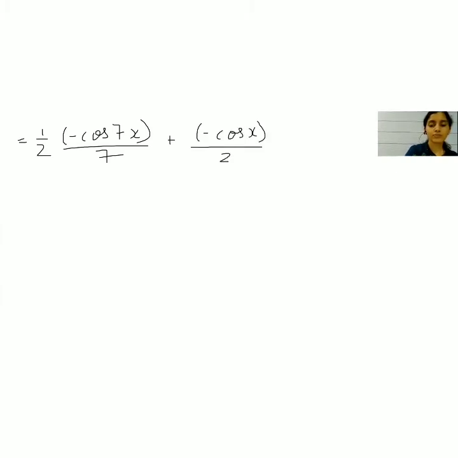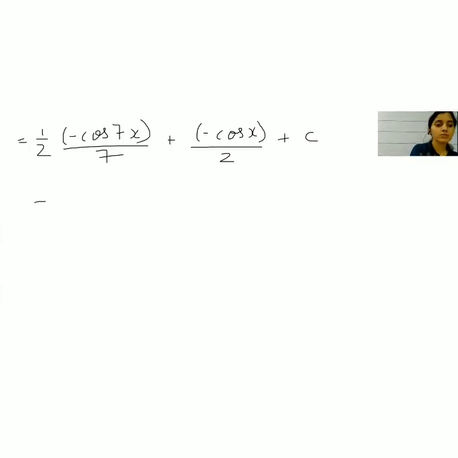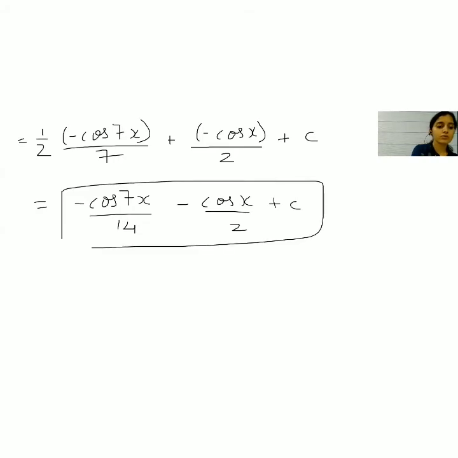Now the half that I'm putting inside the bracket: it will be minus cos 7x upon 14 minus cos x upon 2 plus c. Always try to get the final answer in the most simplified form that you can. That will be the answer for the integration. Clear? So this is your 10th sum, question 2.